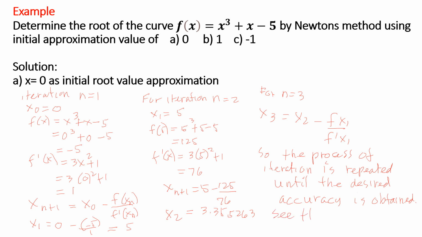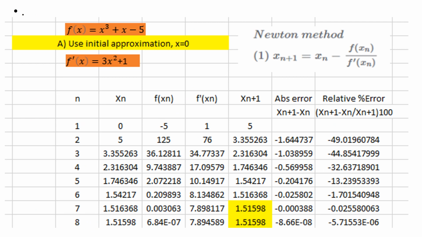See the attached table. For letter A, approximation x equals 0 for this function x cubed plus x minus 5, at iteration numbers 7 and 8, your value of the root is just the same, 1.51598.